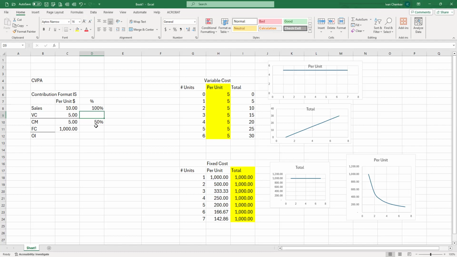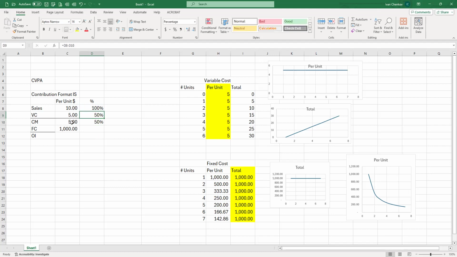Because you still have to cover the variable cost. Now we can express the variable cost also as a percentage. We have 2 options here. Either divide the variable cost by sales, or take sales minus the contribution margin, which still gives you the variable cost.